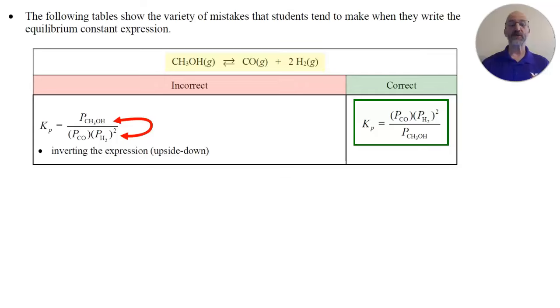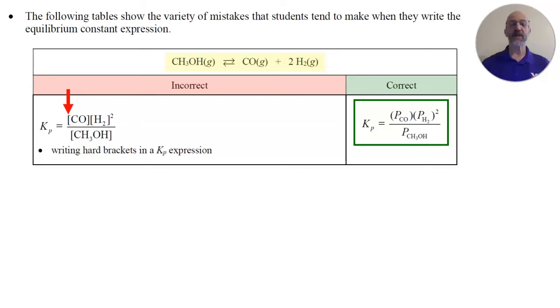Another student mistake that can be made on the AP Chemistry exam is, again, as I mentioned earlier, neglecting to use the coefficients as exponents. Another mistake is to not recognize the difference between Kp and Kc. So what this student did is they wrote hard brackets, but this was for a Kp expression, so that's incorrect.